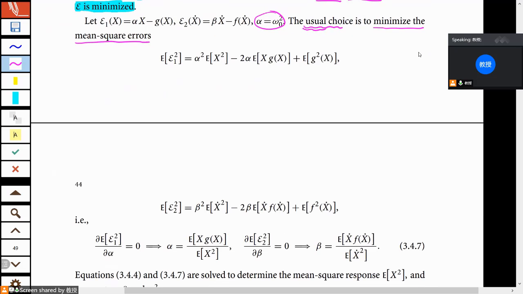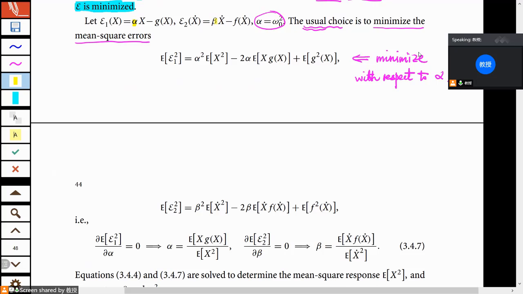and since we want to minimize these two functions with respect to alpha and beta.